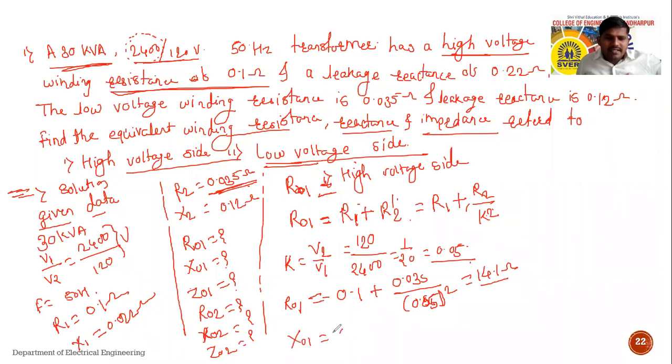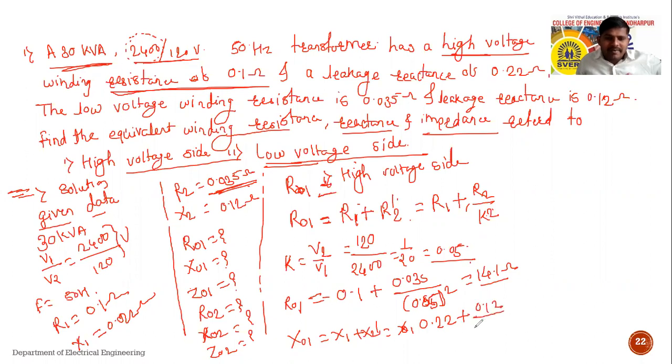Similarly, calculate the value of X01. X01 is X1 plus X2 dash. X1 is 0.22 plus X2 divided by K square.